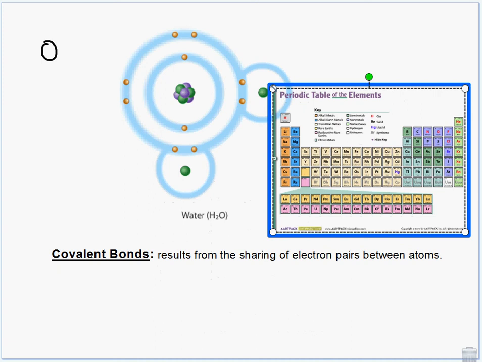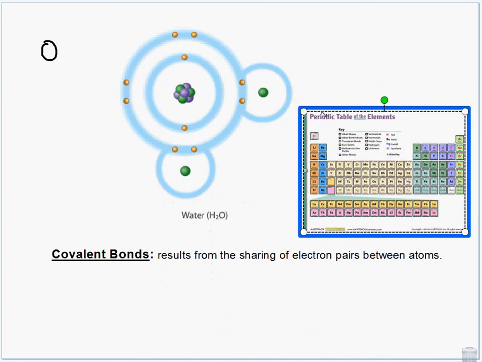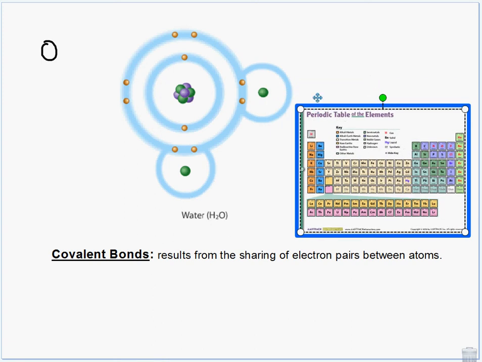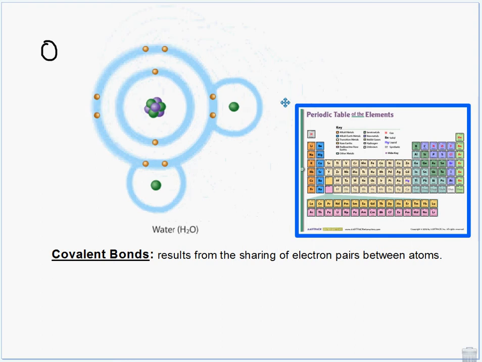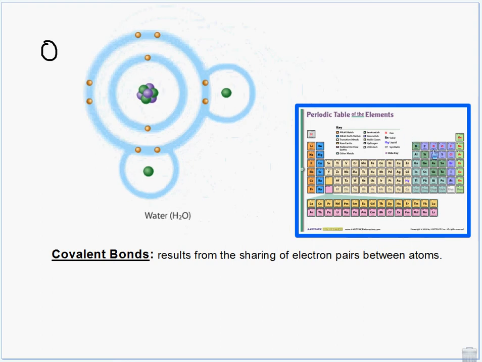It's going to be a little bit small, but I just need to show you where oxygen is. Oxygen is right there, and it's in group 6. It has an atomic number of 8. So this Bohr model is showing all 8 of its electrons.